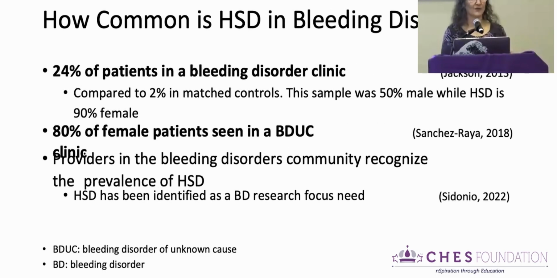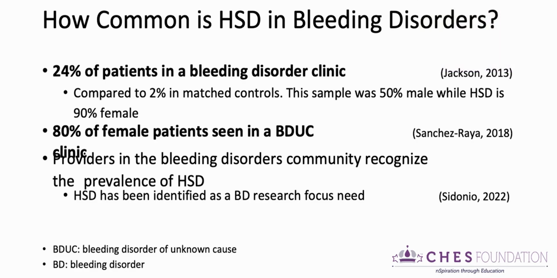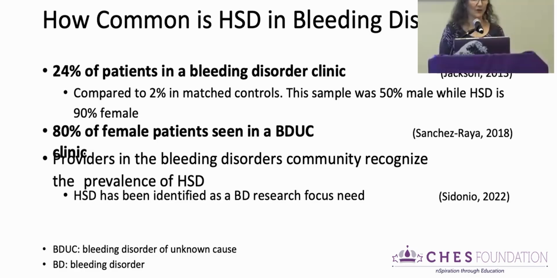Now, in a general bleeding disorder clinic that has 50% men, 50% women, about 1/4 of all the patients will be hypermobile. That's compared to 2% of matched controls, that is similar in age and gender, but didn't have a bleeding disorder. So it's much more common in bleeding disorders.